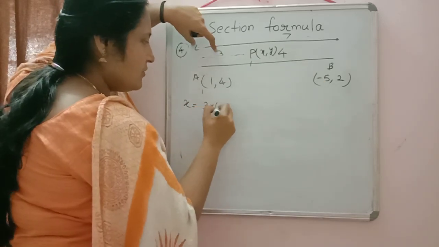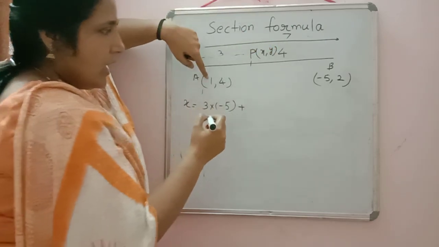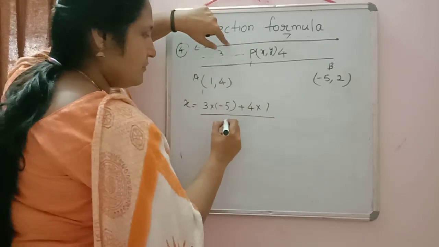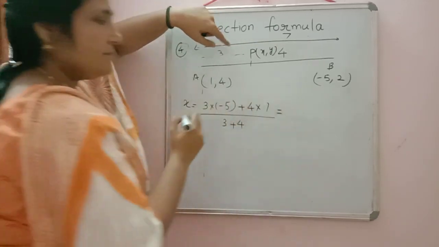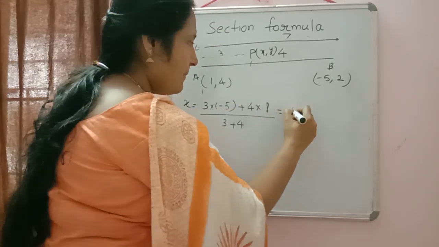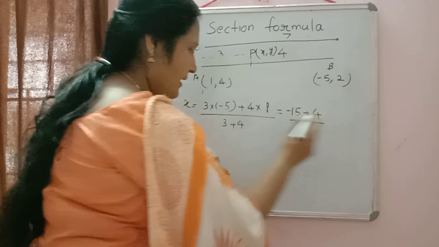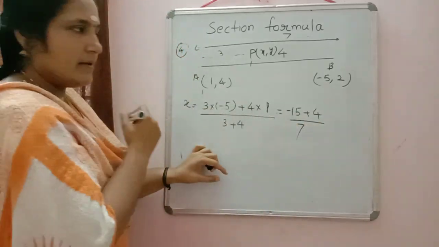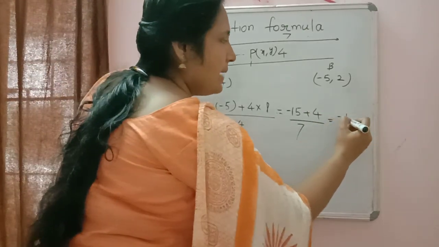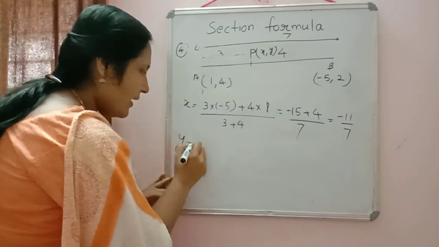So we are getting 3 into minus 5 plus 4 will be multiplied by 1, 4 into 1 by m1 plus m2, 3 plus 4. 3 into minus 5 will be equal to minus 15 plus 4 into 1, 4 by 3 plus 4, 7. Minus 15 plus 4 will be equal to minus 11 by 7.